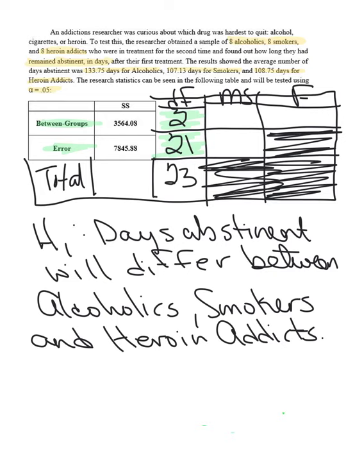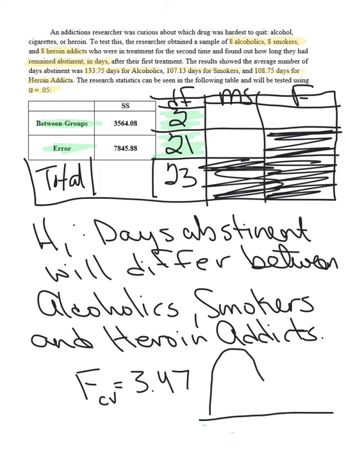So F critical value equals 3.47. So that's a positive. Remember, ANOVA is always positive. So what we're looking at is this, 3.47. Anything in the tail out there is significant at 3.47. So let's move forward. I'm just going to transfer some of this over so that we have the information.